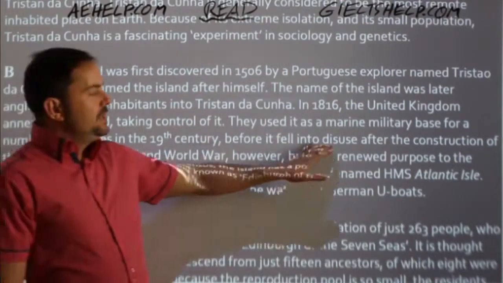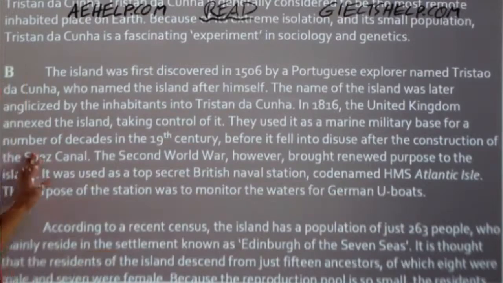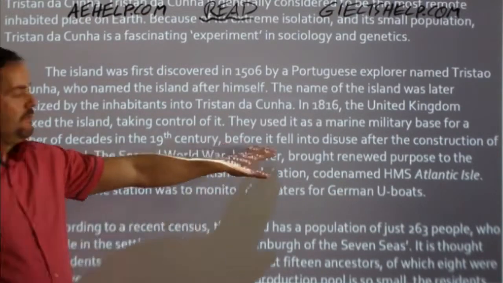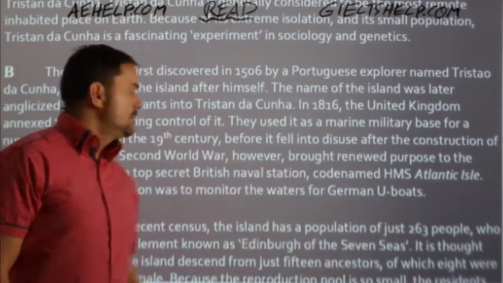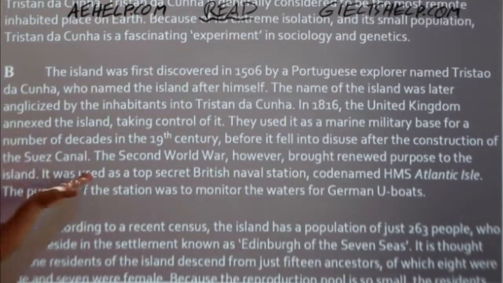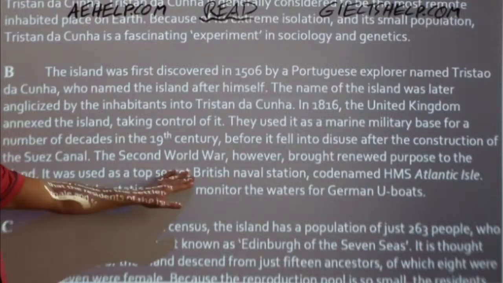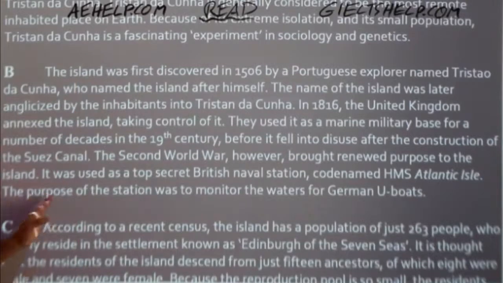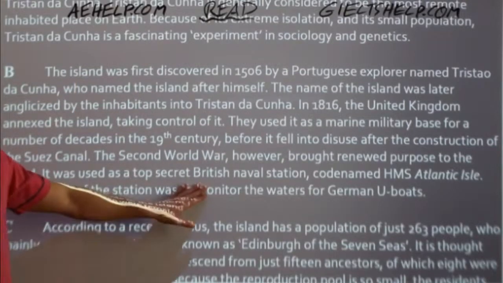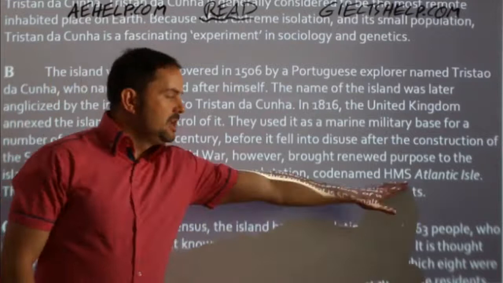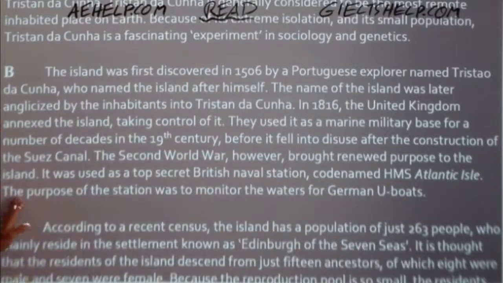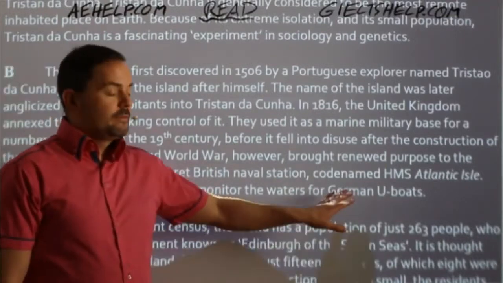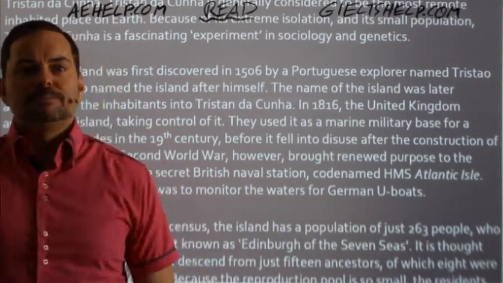They used it as a marine military base for a number of decades in the 19th century before it fell into disuse after the construction of the Suez Canal. The Second World War, however, brought renewed purpose to the island. It was used as a top-secret British naval station codenamed HMS Atlantic Isle. The purpose of the station was to monitor the waters for German U-boats.